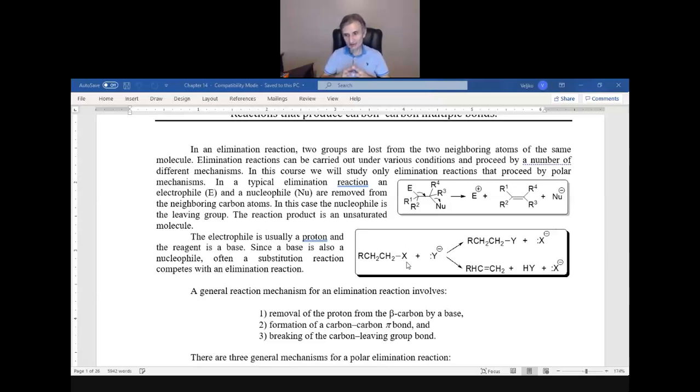Previously, when we covered substitution reactions of alkyl halides, fluorine was not a leaving group. So substitution reactions did not work on alkyl fluorides. Elimination reactions work. So alkyl fluorides undergo elimination reactions. That means all of the alkyl halides undergo elimination reactions. So that's the nucleophile, halogen. Electrophile is proton. The most common electrophile in organic chemistry is proton, and so in this case, that's the electrophile.